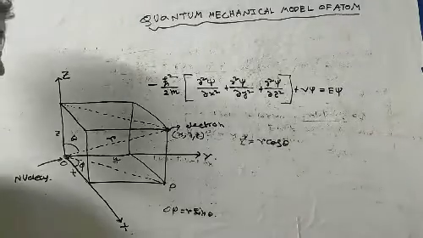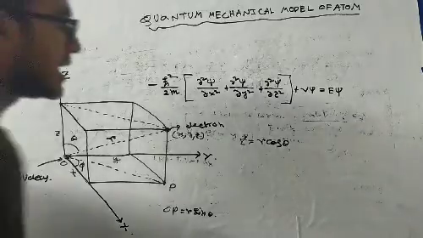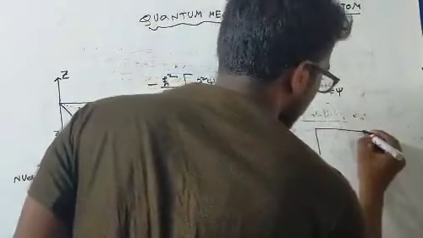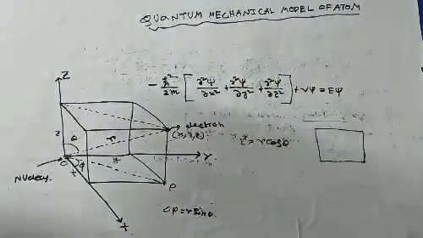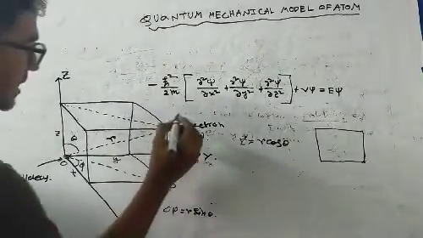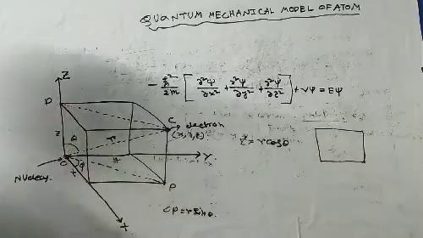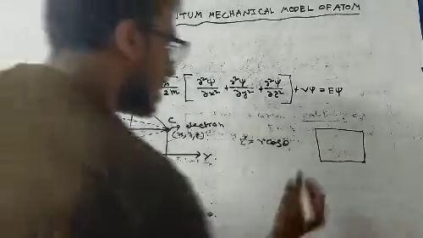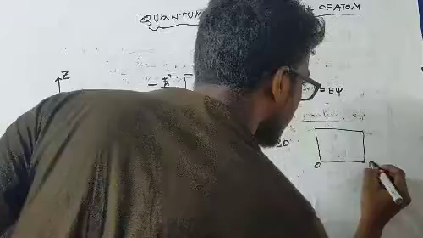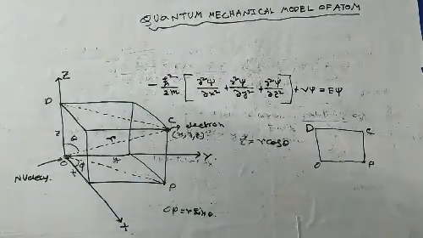Now if you do not know the concept of vector, I will just quickly tell another way to find this distance. Look at this rectangle. Let's say this is the point C where the electron is present, and this is the point D. I am considering the OPCD rectangle.